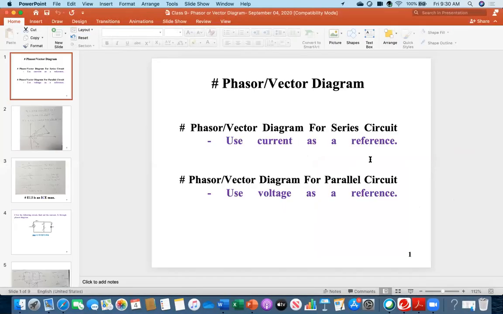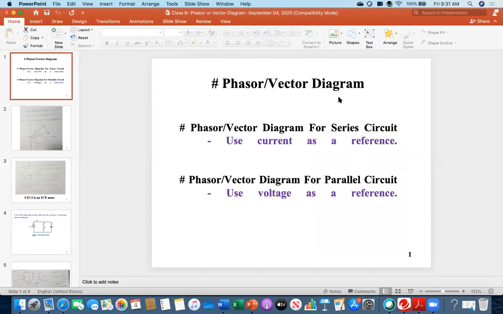Now everybody, can you see my other topic, phasor or vector diagram? Today we will be discussing a new topic, pretty interesting and very useful in real-life applications. It is called phasor and vector diagram. You may have a circuit, for example a series circuit or parallel circuit.